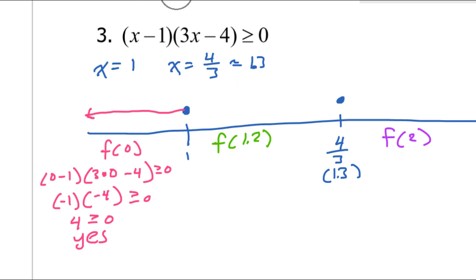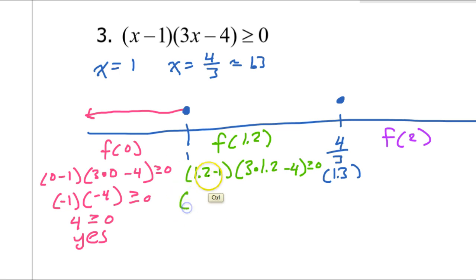Now I'm going to check that 1.2. So this would be 1.2 minus 1, and this is going to be 3 times 1.2 minus 4. Is this greater than or equal to 0?